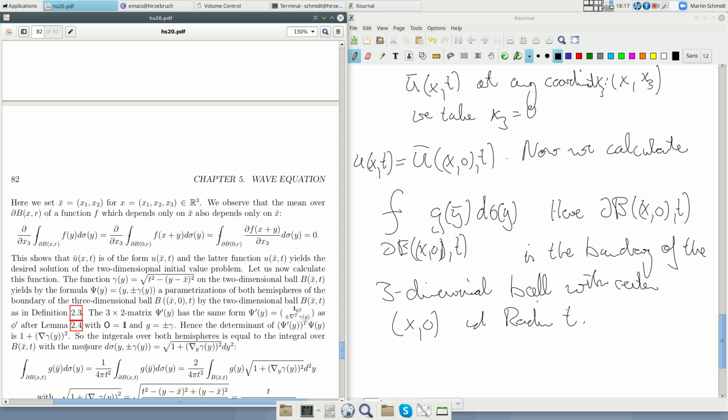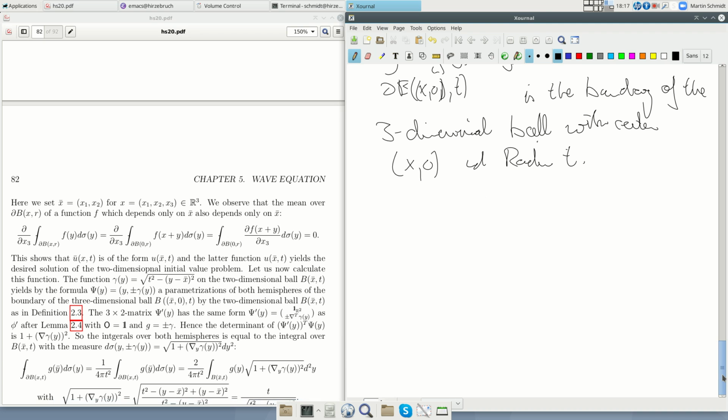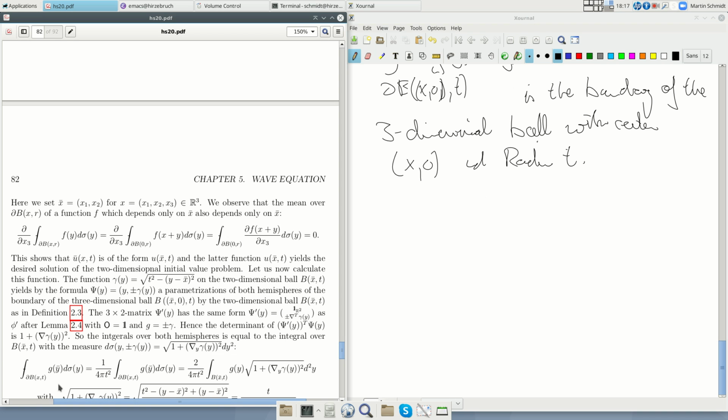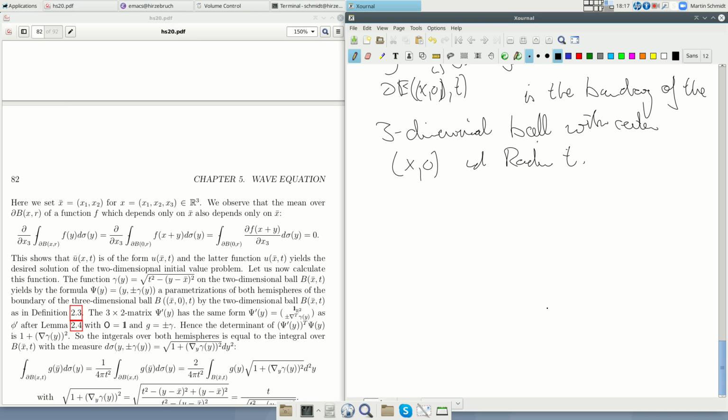Okay, let's do this calculation. And for this, we again use our parametrizations. Let's draw it here. Let's have here the plane, and in this plane this is the two-dimensional ball.